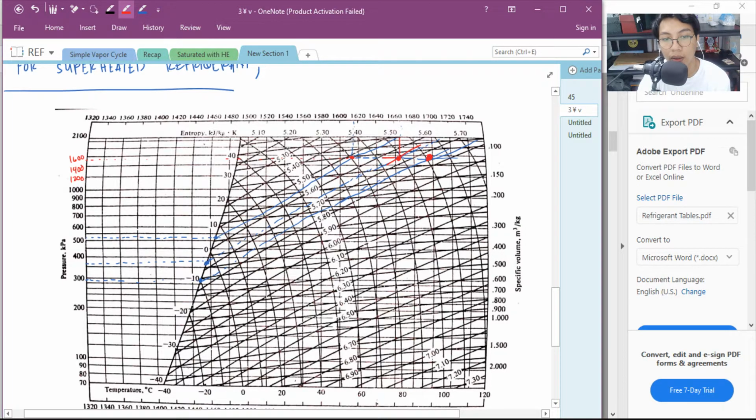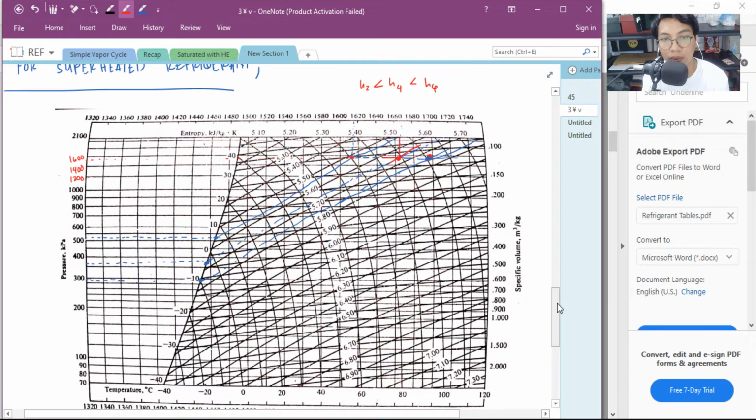Ibig sabihin niyan, H2 is less than H4 and less than H6. Tama naman yung ating graphing. That is just below 1.7.